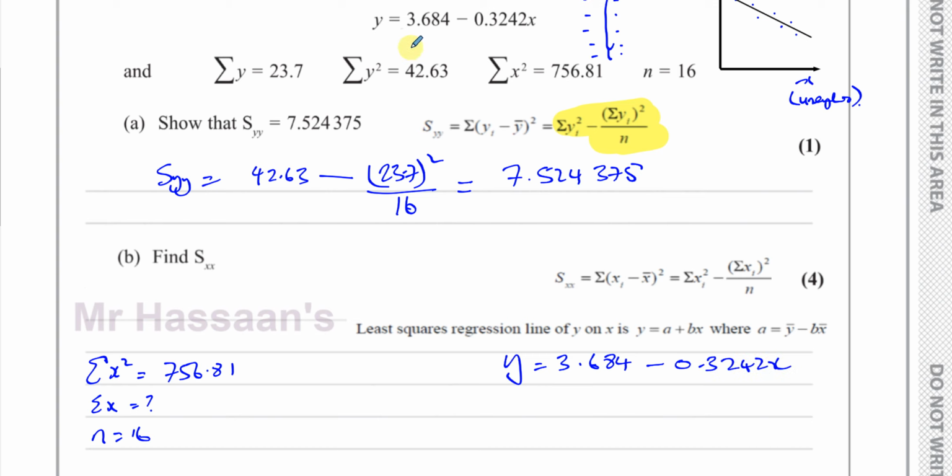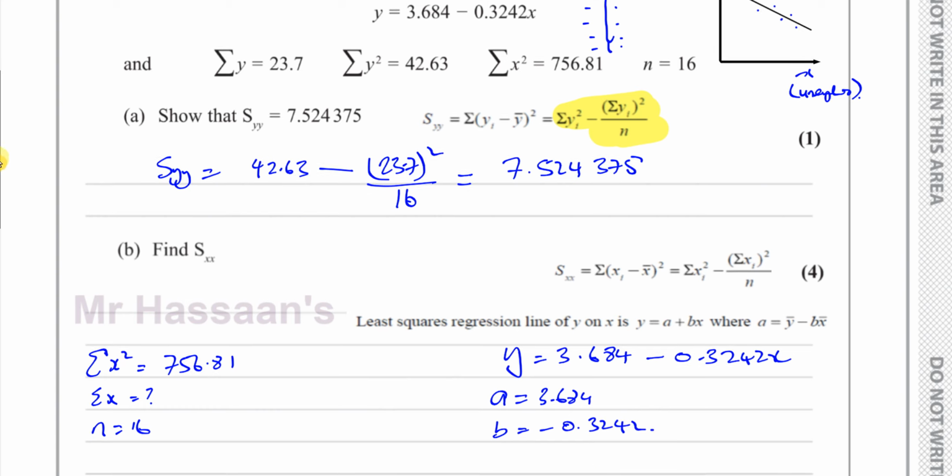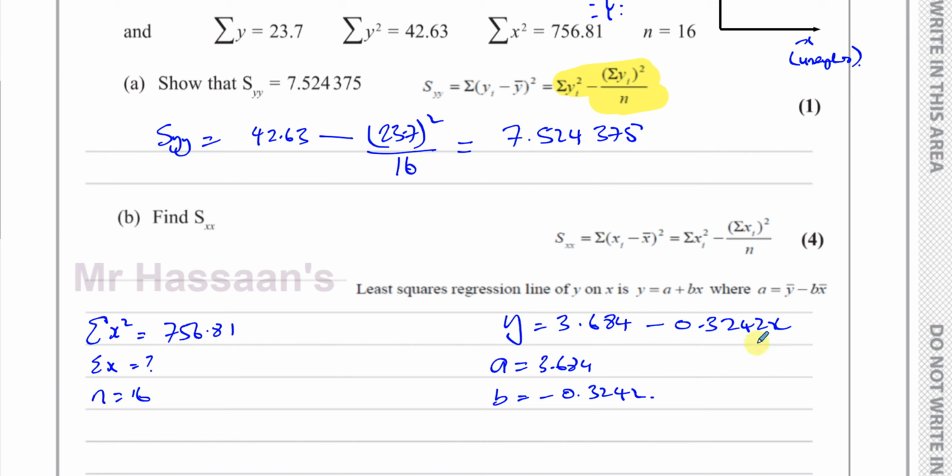Be very careful when you copy the numbers down. It's very easy in this topic to make a mistake of copying numbers incorrectly. So we can see that A from this formula is 3.684, and B is negative 0.3242.